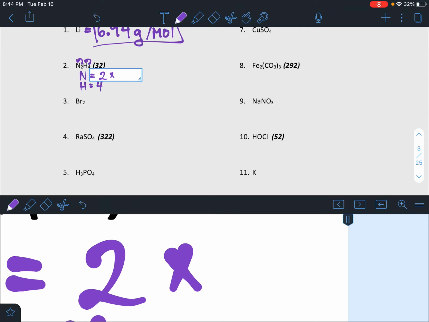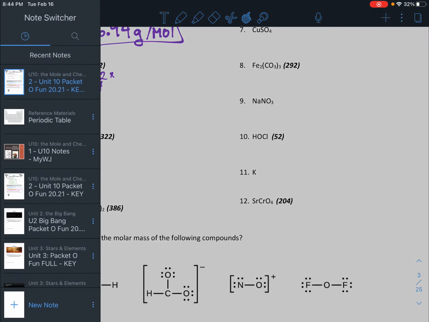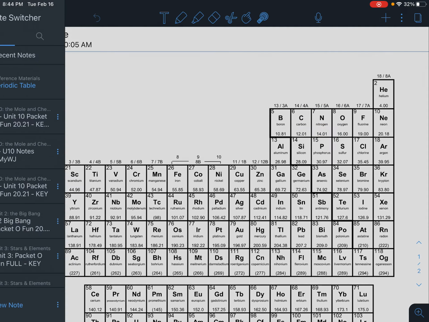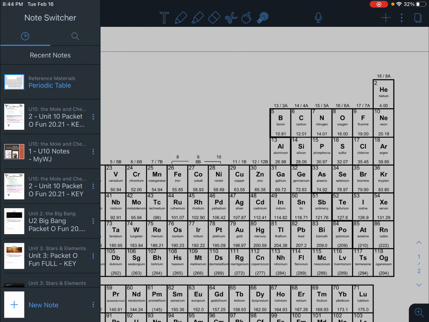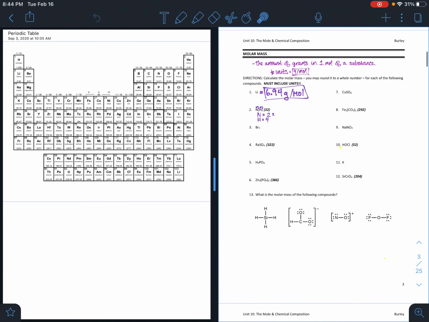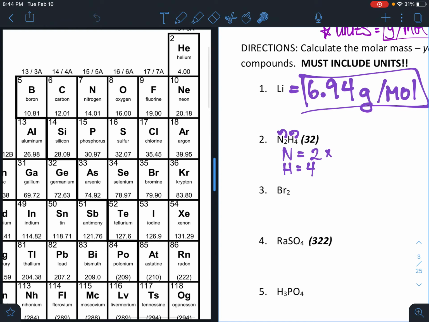So if we have 2 nitrogens, and then you look up nitrogen, if you take a look, nitrogen on the periodic table is right here, and each nitrogen weighs 14.01. And actually, I might try and side by side this. It might be a little easier. So each nitrogen is 14.01.